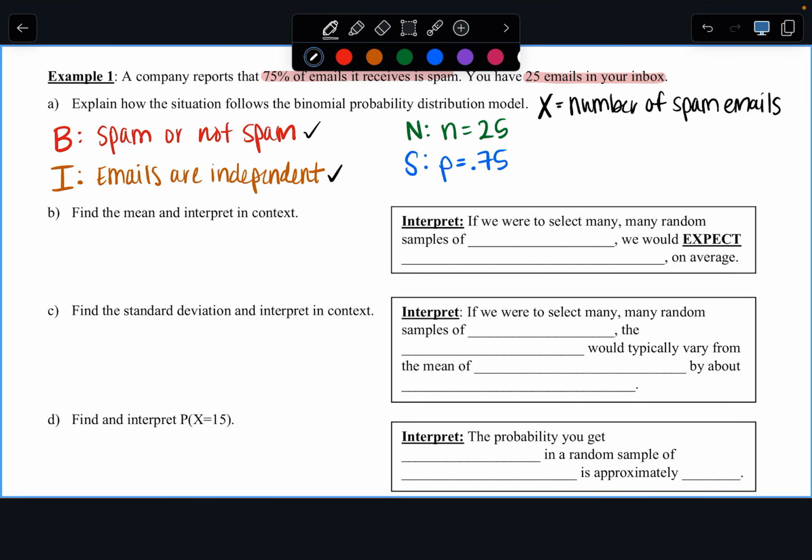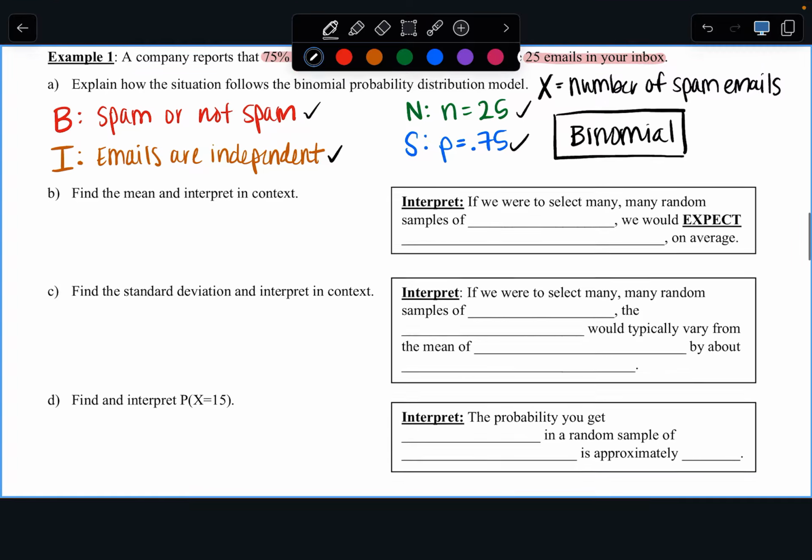So if all 4 things check all of your boxes, this ends up being a binomial distribution. Now, if a question asks you to verify that something is a binomial setting, they literally are just asking you to check for these 4 things and have something to say about it. So all 4 things makes it binomial.